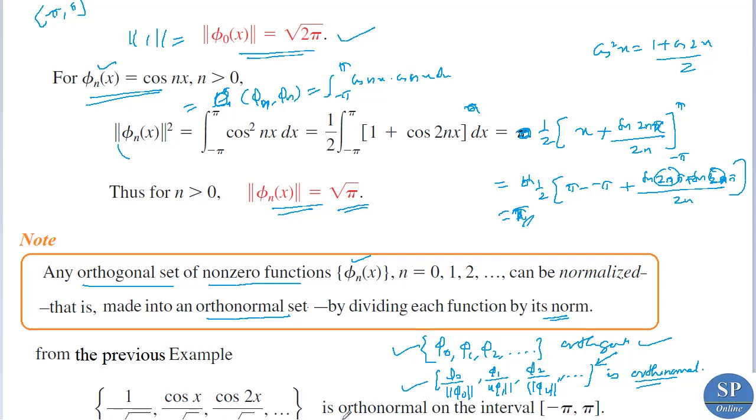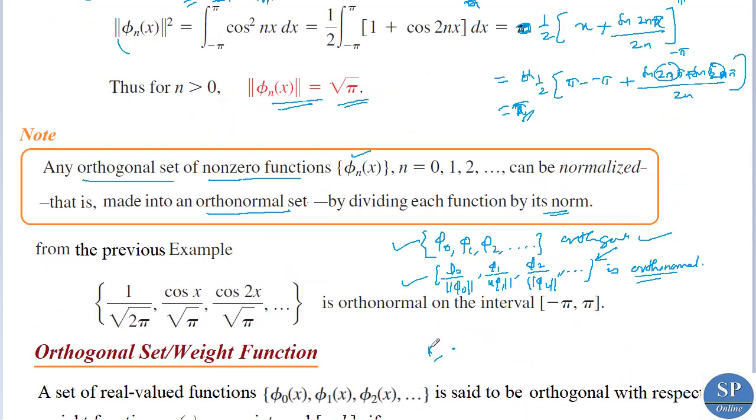For example, in the previous example we have the set phi naught is 1, phi 1 is cos x, phi 2 is cos 2x, phi 3 is cos 3x, etc. We proved that this set is orthogonal. Now, dividing each of these functions by the corresponding norm, we get an orthonormal set. We obtained that the norm of 1 is square root of 2 pi, so 1 by square root of 2 pi here.